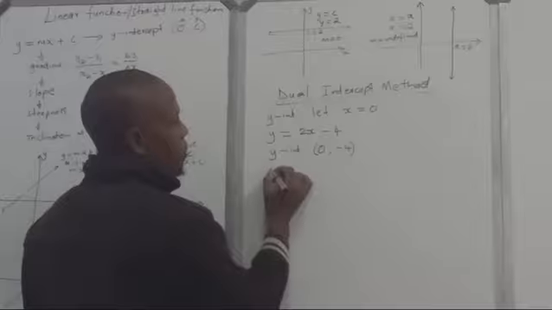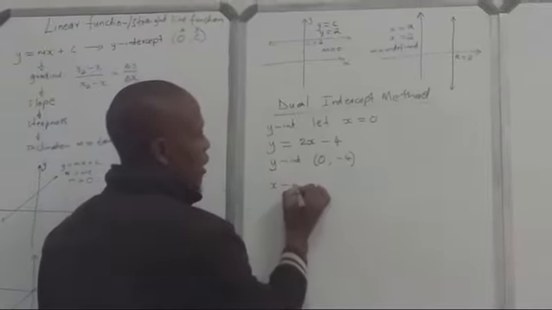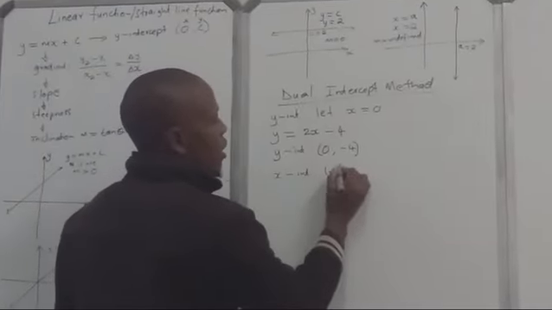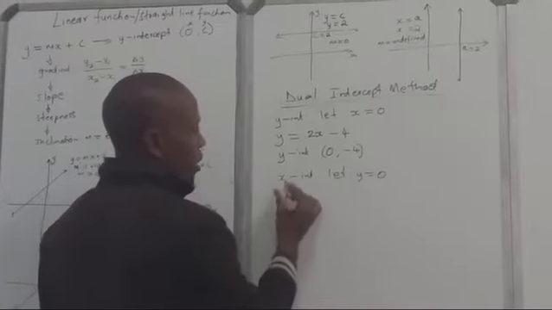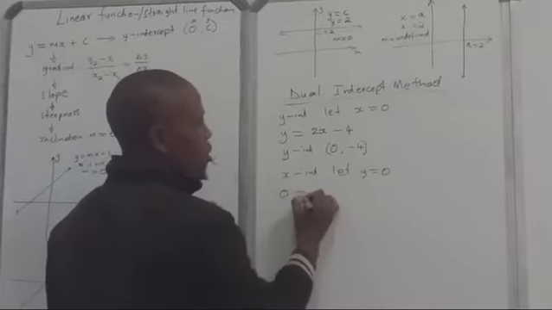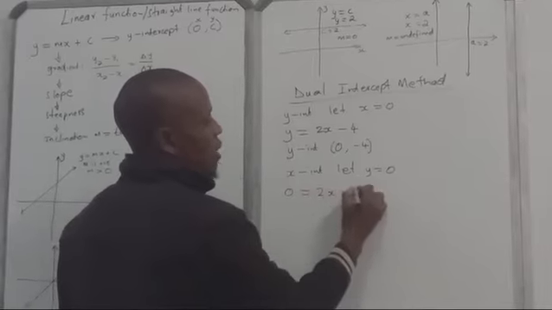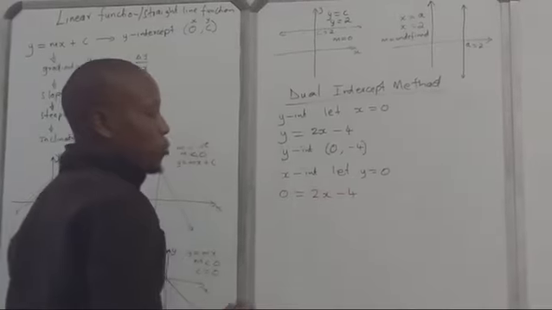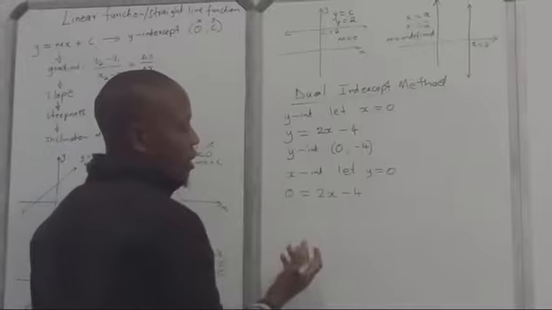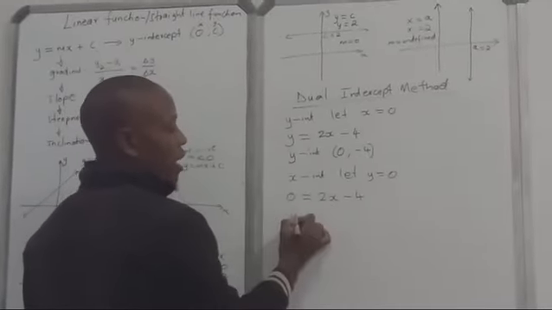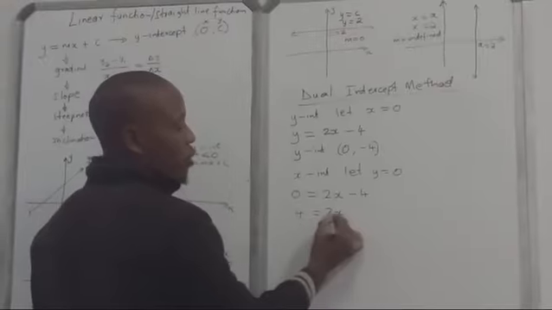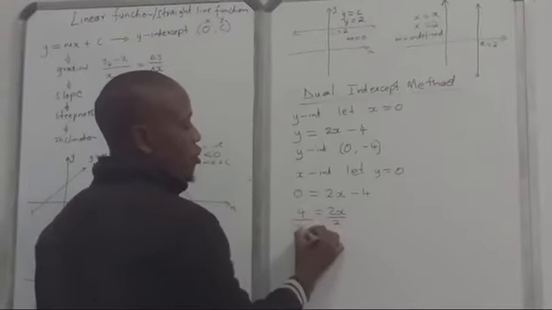And then we do the x-intercept when letting y to be 0. This is the one that requires a little bit of algebra to manipulate the equation. So you bring the negative 4 this side, and you have 2x, you divide by 2, both sides.